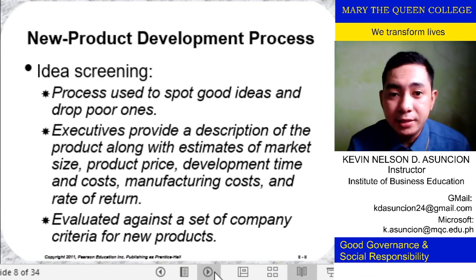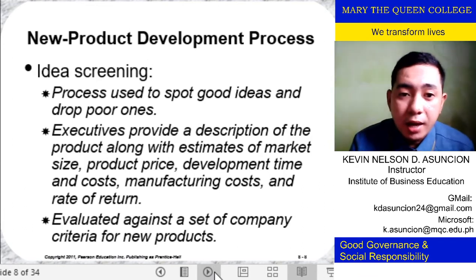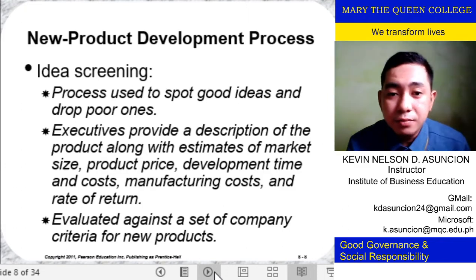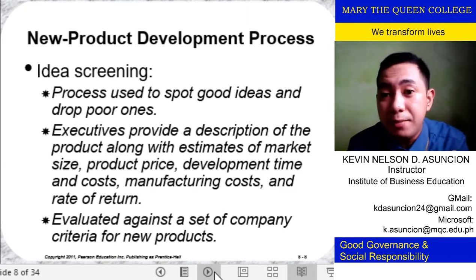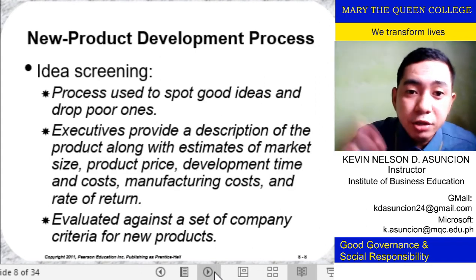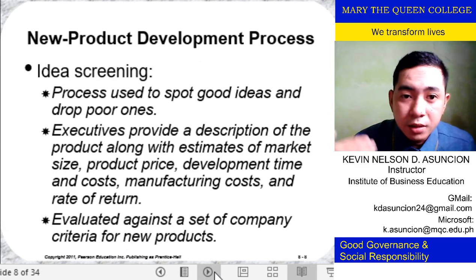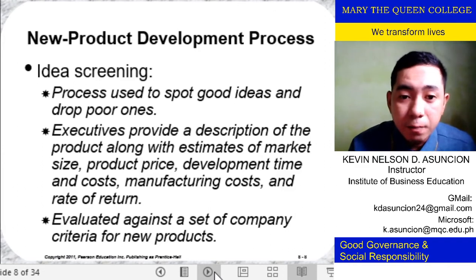As well as those concerns, as well as the product price. After knowing if you can do that, price can be discussed as part of the consideration. So you'll be screening those ideas out of the criteria that the company has for developing a new product.